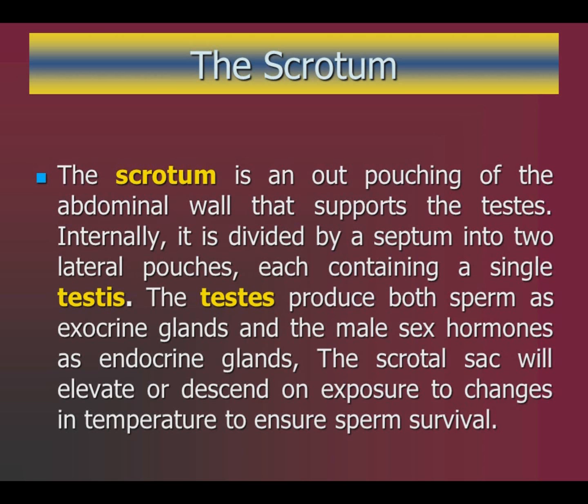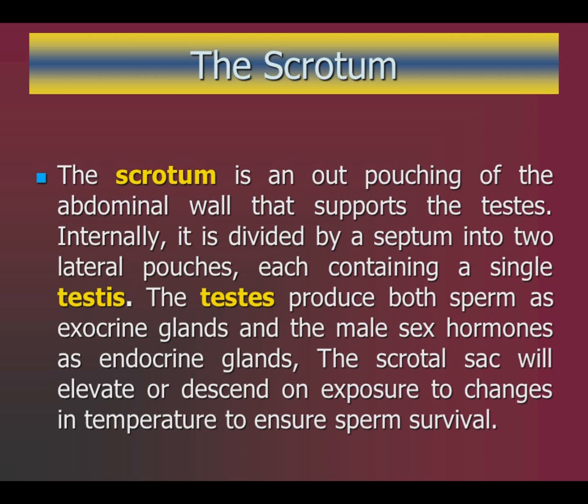Because sperm and hormone production and survival require a temperature lower than normal body temperature, the scrotum lies outside the body cavity. Its environment is about 3 degrees Fahrenheit below body temperature. Exposure to cold, as in winter, causes contraction of the smooth muscle fibers, moving the testes closer to the pelvic cavity so they can absorb more body heat.